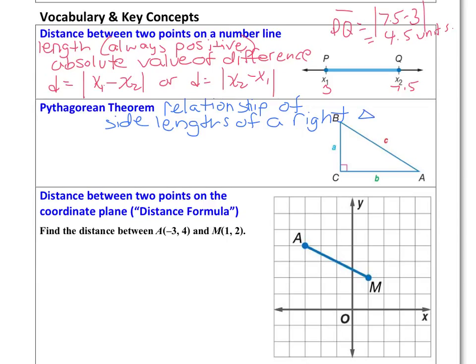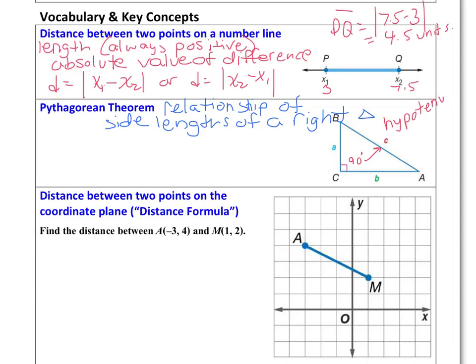So here in the diagram we know we have a right triangle because of this symbol right here. That little square means that that is 90 degrees. So we have a right triangle, and the side opposite that 90-degree angle, I don't know if any of you remember what we call that, but we call it the hypotenuse.